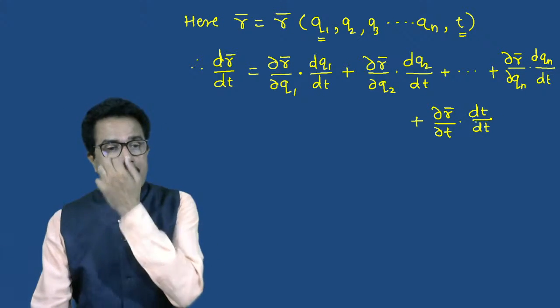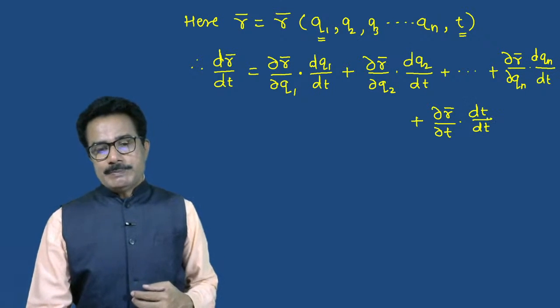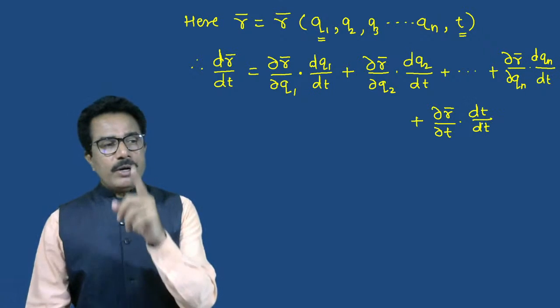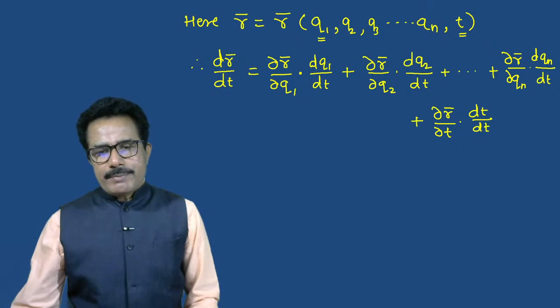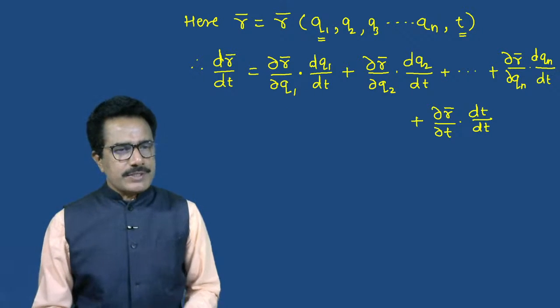But you know that the value of dt by dt is equal to 1. So we can write dr bar by dt. It is also called the velocity.